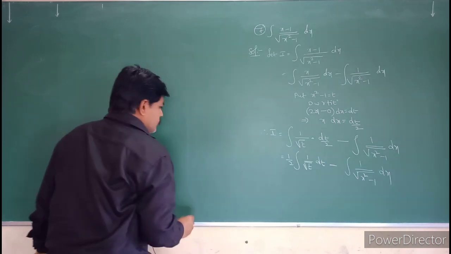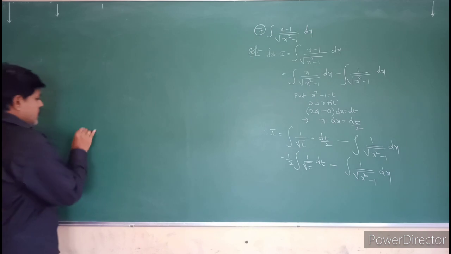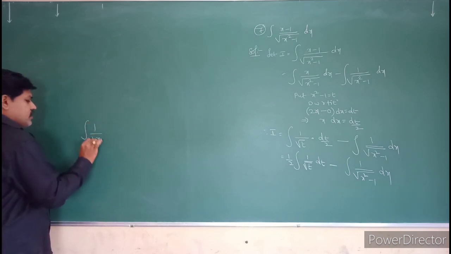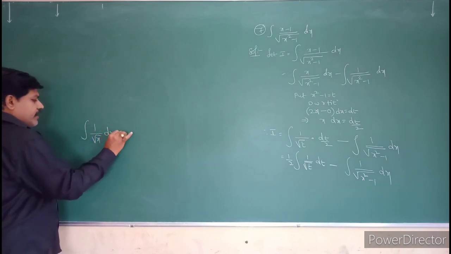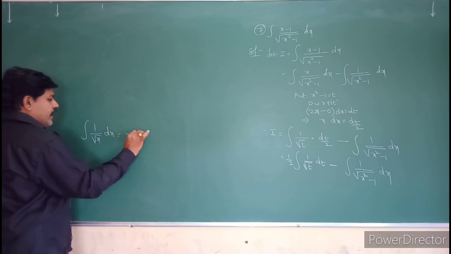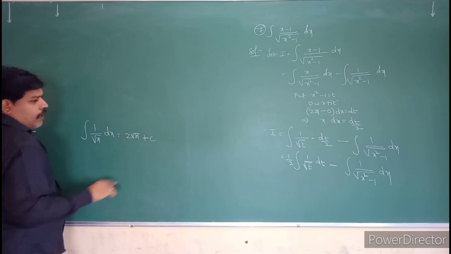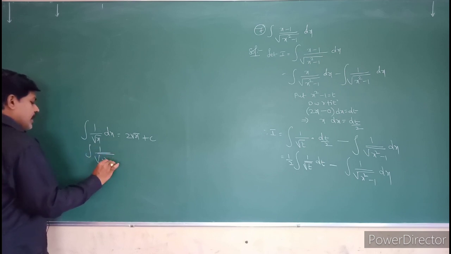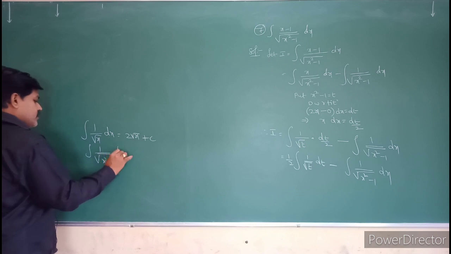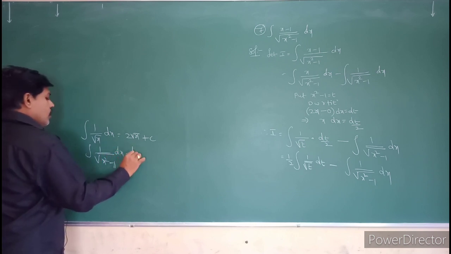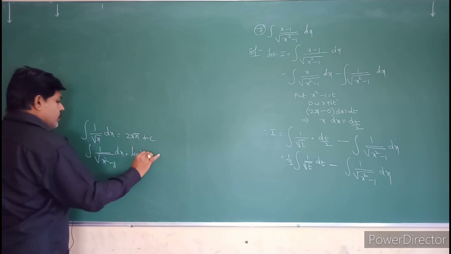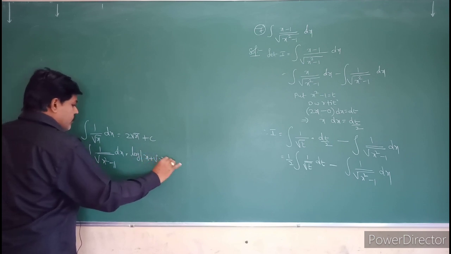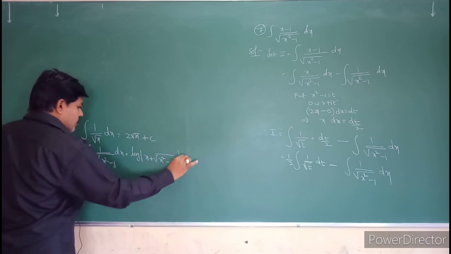Integral of 1 by root x into dx is nothing but 2 root x plus c, and also, what is the integral of 1 by root of x square minus 1 into dx? That is equal to log of mod x plus root of x square minus 1 plus c.